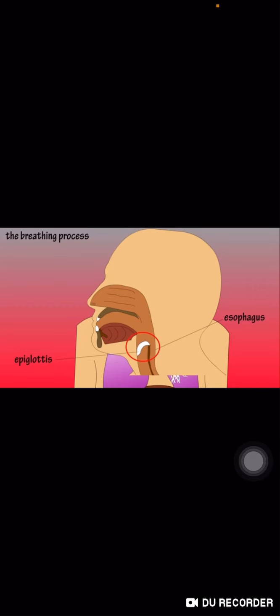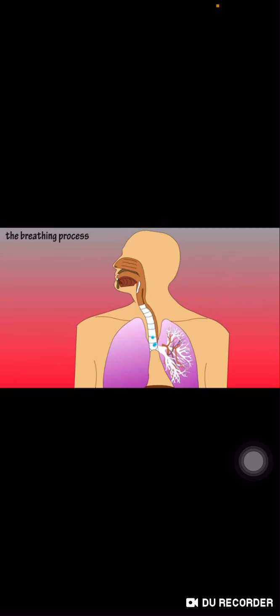So this shows you how amazing the human body is in the respiratory system. The airflow continues down the trachea and enters the bronchi. From there it enters smaller bronchioles, and finally the network of capillaries, and this is where the magic happens.